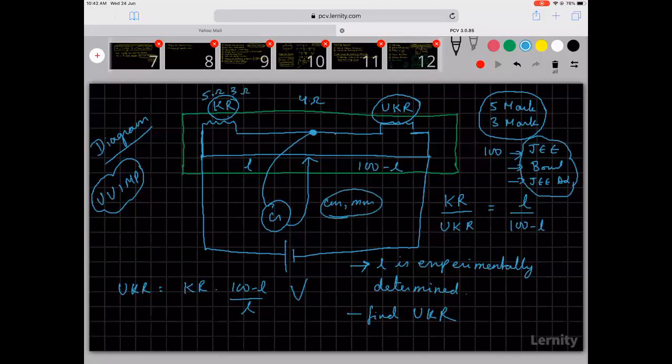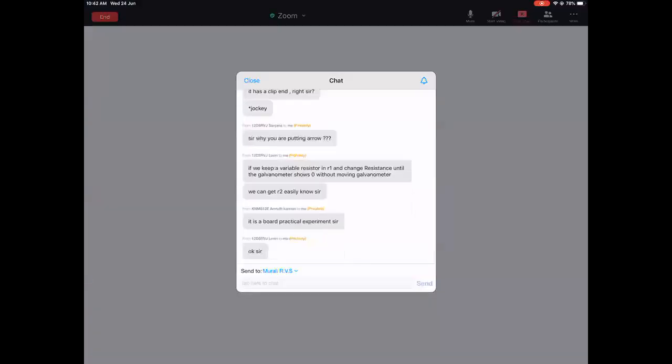You may not have 0.1 ohm, but while sliding, because you have millimeters also, the accuracy will be higher. With one connection you get it. Sliding is not very difficult. 100% you will get it in your board practical, JEE Mains and JEE Advanced.